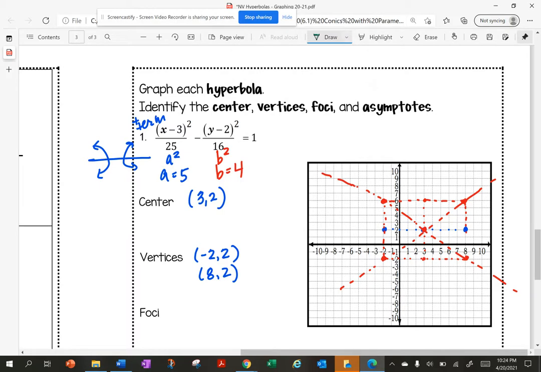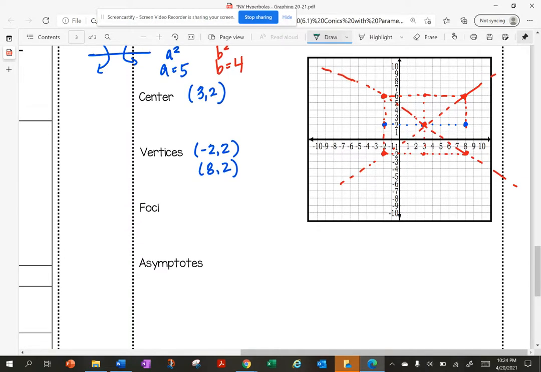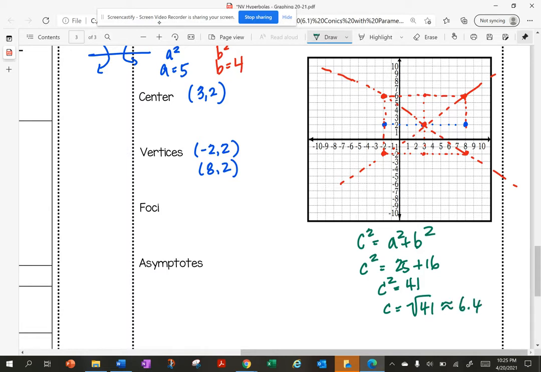Oh, I need to do my foci next. So the foci, I'm going to plot those in first. So c squared, for the foci, is a squared plus b squared. So c squared is 25 plus 16. So c squared is 41. So c is the square root of 41, which is approximately 6.4.